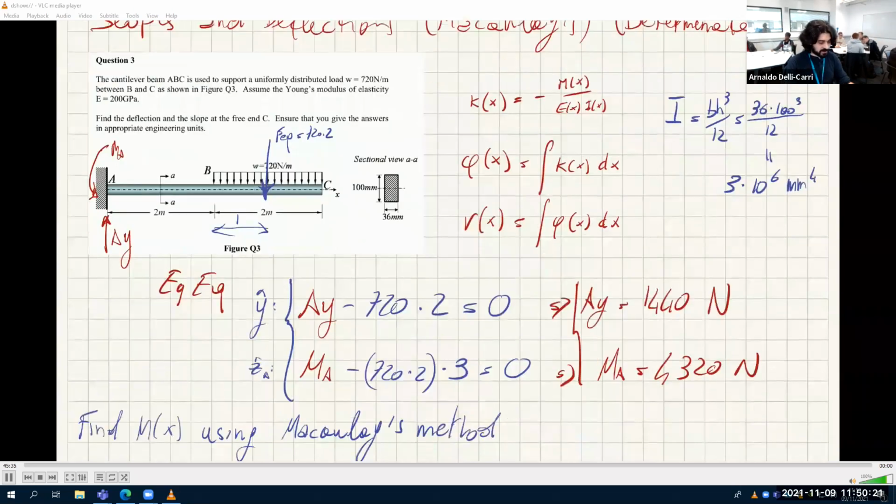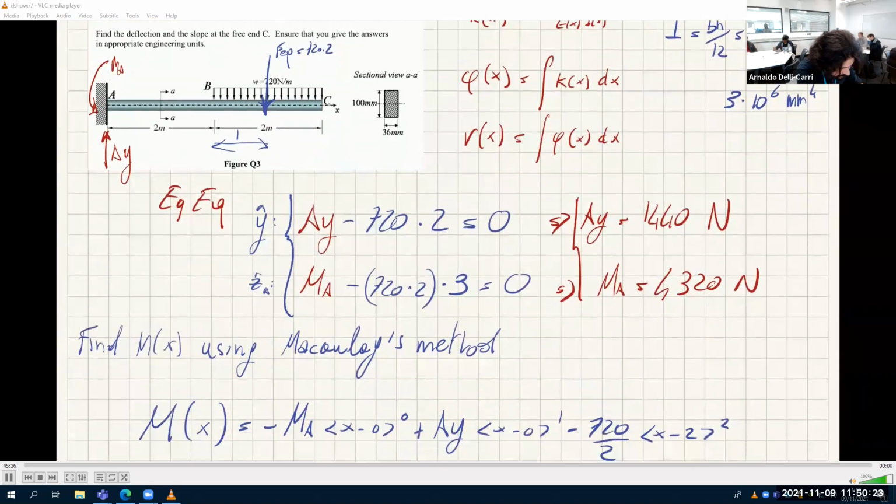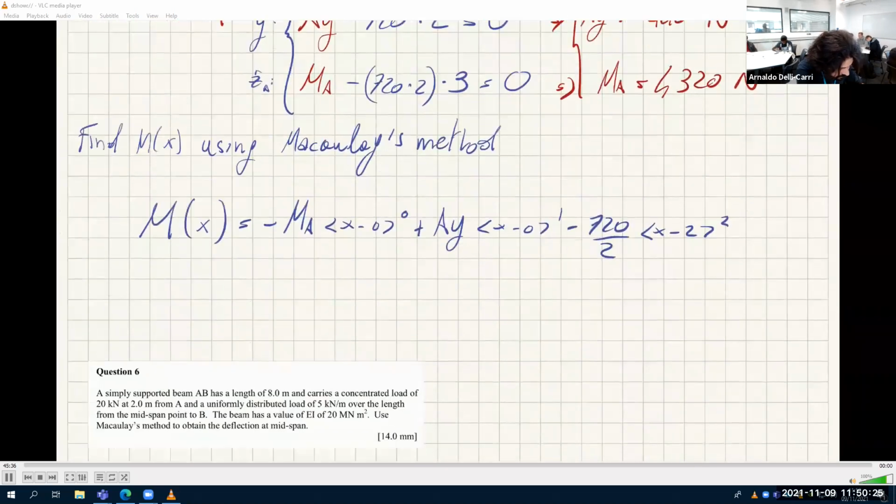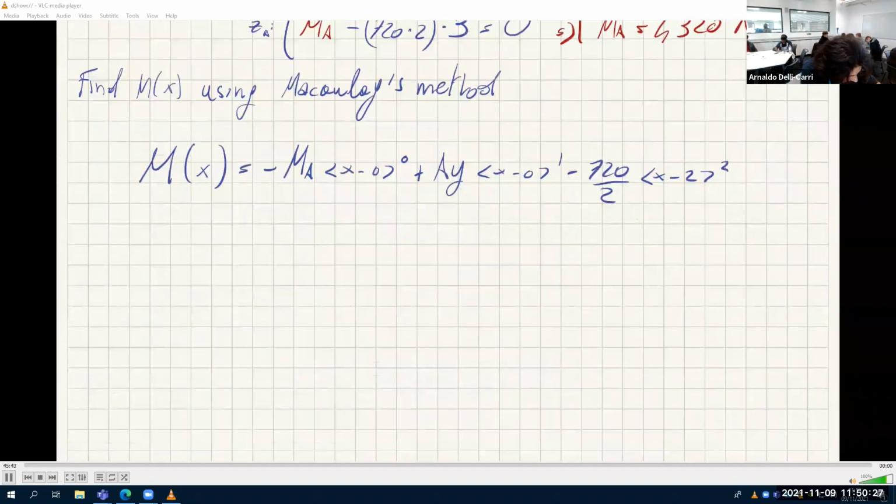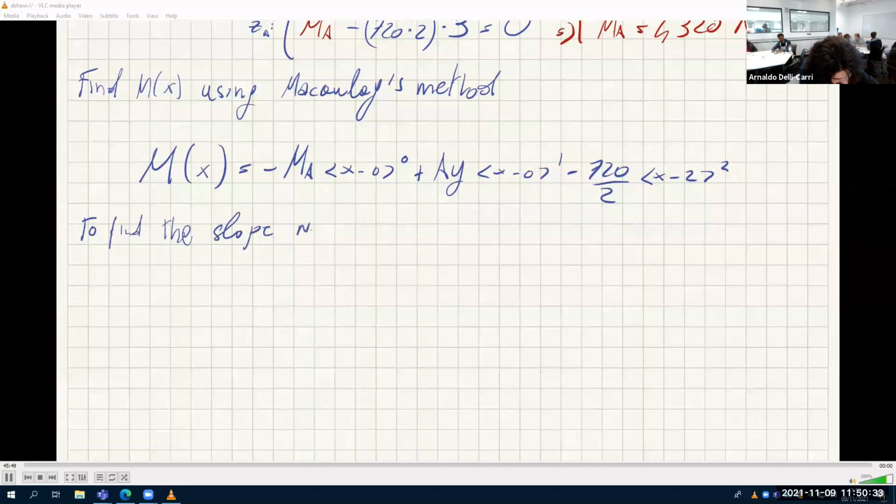And so now we find the deflection. To find the slope, we integrate kappa of x.